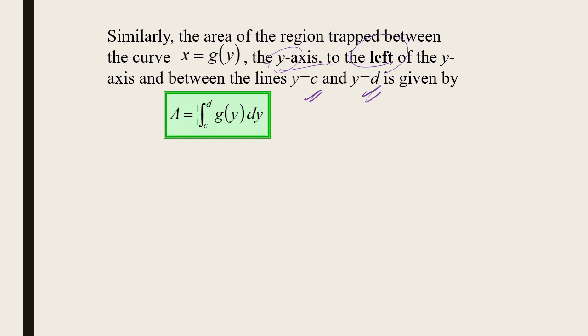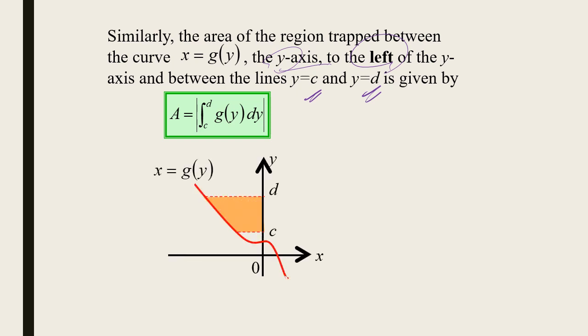The graph is on the left side of the y-axis, so the area will be on the left side also. So for the left side we need to use the absolute notation. Okay, so this area is bounded by the function g, the y-axis, and y equal to c and y equal to d.